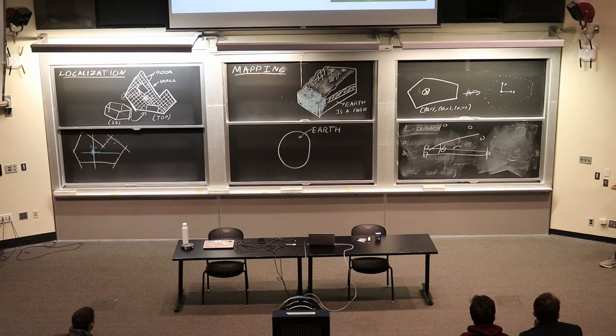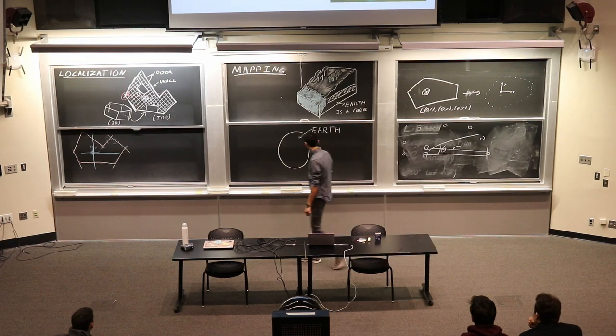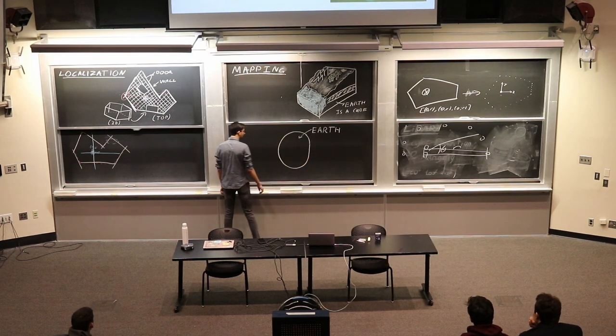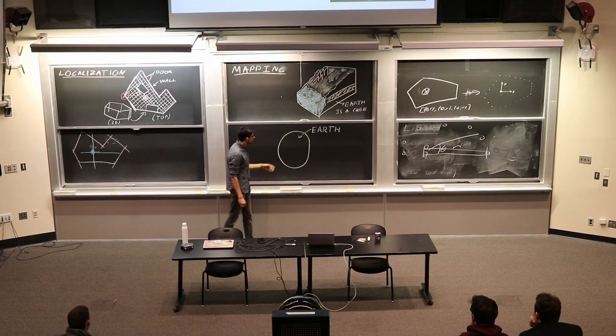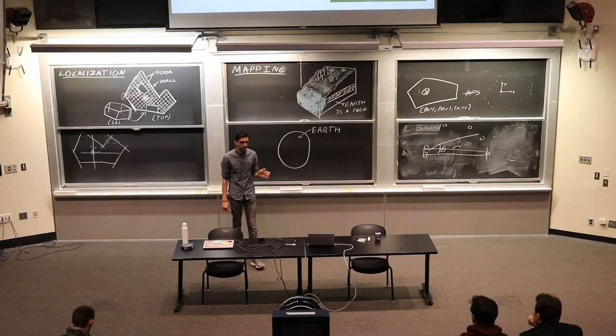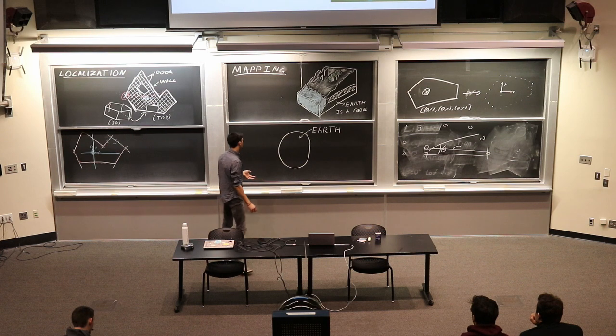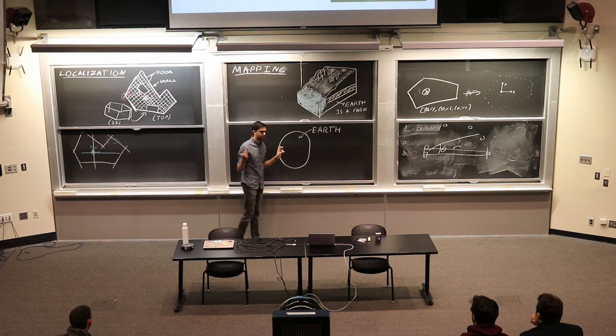GPS. GPS has no idea what the Earth looks like. So this is the Earth. It's kind of flat over here and not very detailed. I honestly drew this with no details in it to make a point. GPS has no idea what the Earth looks like. I don't know what the origin of GPS is.